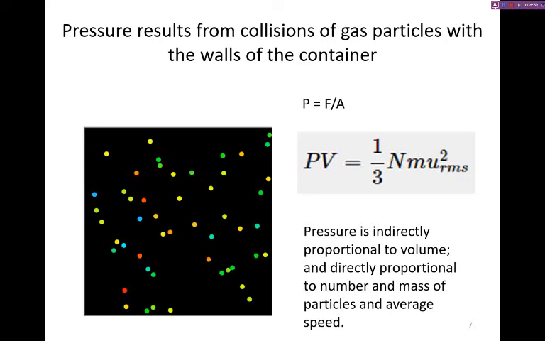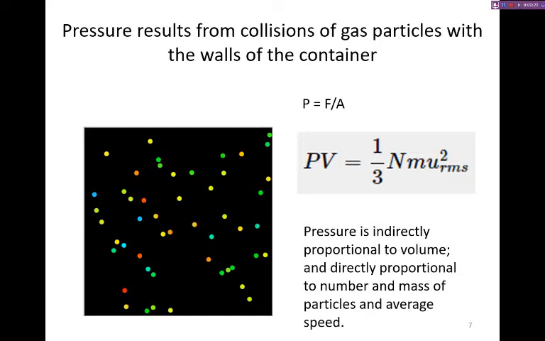But pressure is directly proportional to the number of particles and the mass of the particles, as well as the average speed. And so if you have a set number of particles and you increase the speed at which they are going, then there's going to be an increased pressure. And that's because those particles are hitting with a larger force. If you increase the mass of those particles, then they also have a larger force, and the pressure is going to increase.